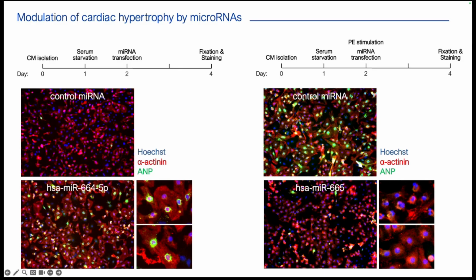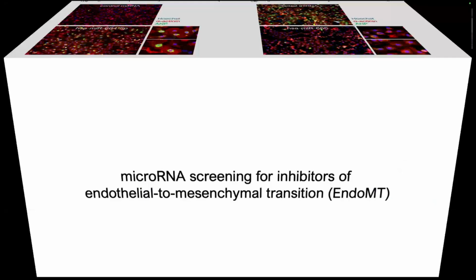And here the reverse protocol, where we stimulate the cells to become hypertrophic and then counteract it with the microRNA. And you can see a reversion of this phenotype by these microRNAs. So a very simple screening, and this was done as a secondary screening, just for the ones that have scored in the primary screening. This is one example.